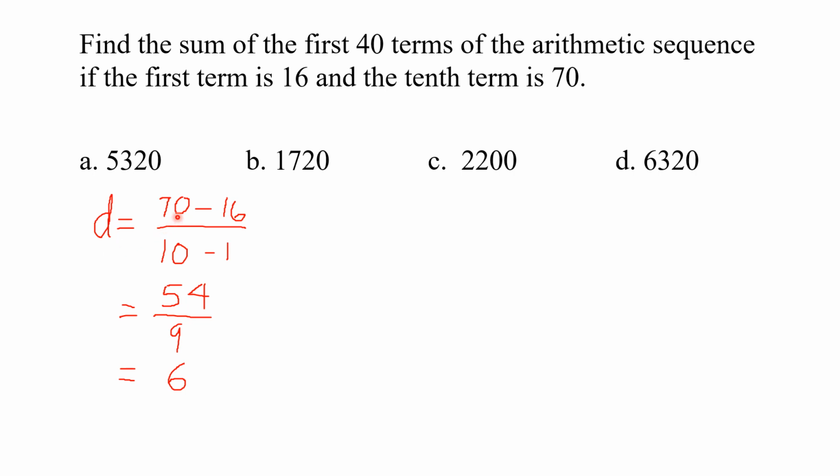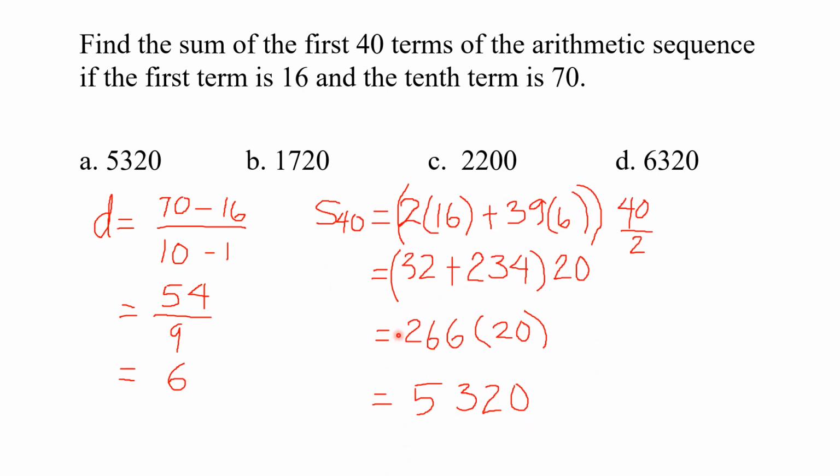We subtract the 10th term minus the first term, so that is 70 minus 16, all over the number of terms, 10 minus 1. Simplifying, we have 54 divided by 9, and that is equivalent to 6.